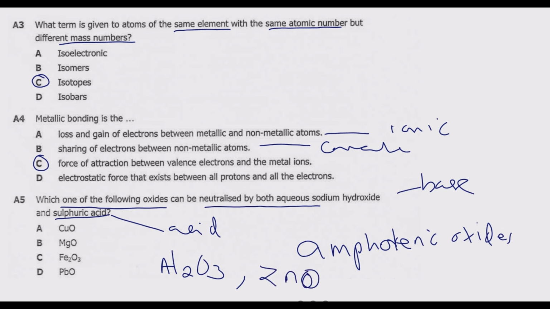Then you have the third one, which is lead oxide. These three are known as amphoteric oxides. So if you check among the options, what you discover is we only have D, which is lead oxide. So this is the answer.